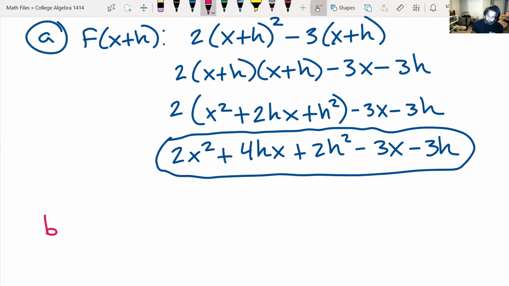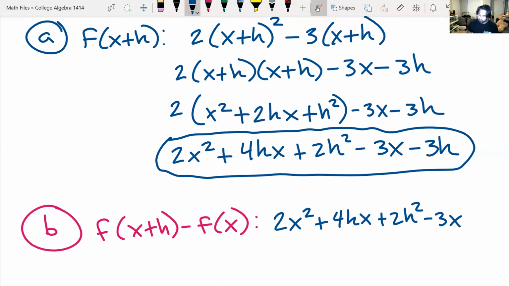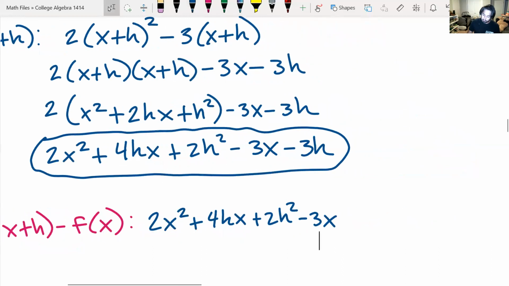So B, f of x plus h minus f of x. Okay, so now we are going to write whatever we found above in step A. Yes, we write it all over again. 2x squared plus 4hx plus 2h squared minus 3x minus 3h.